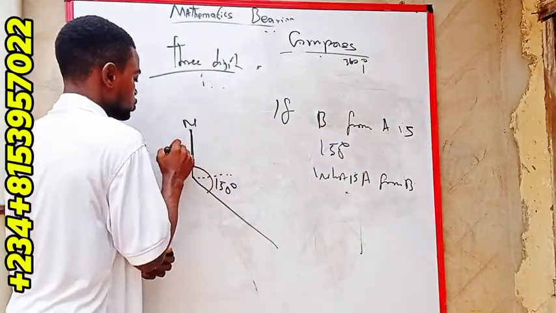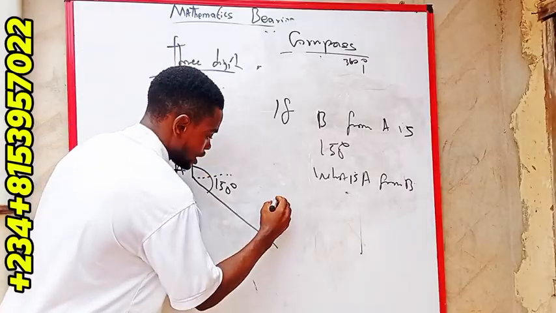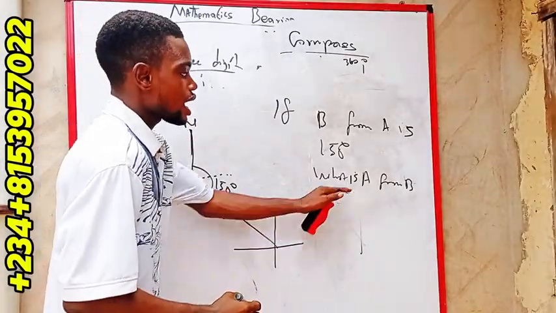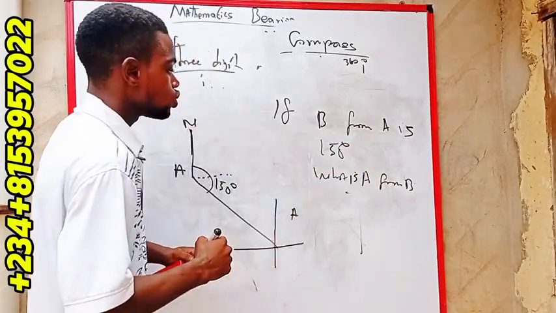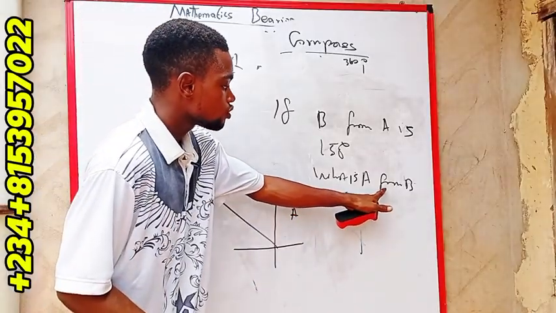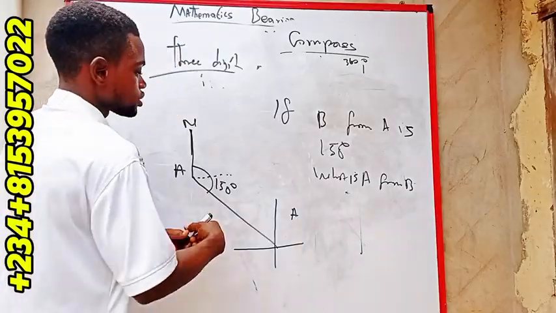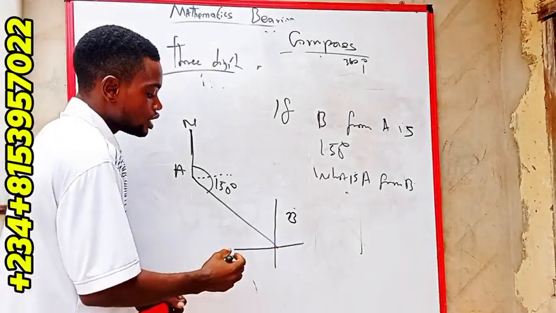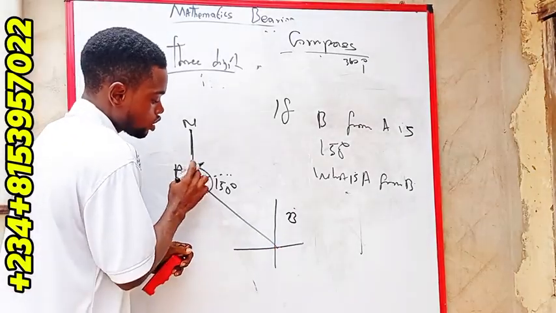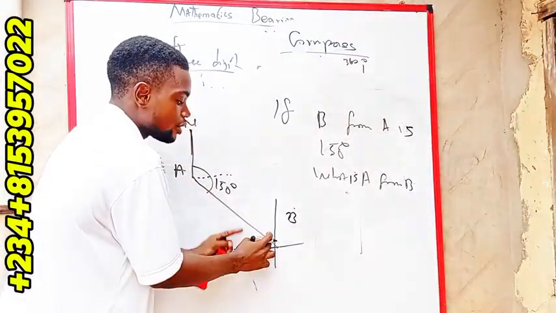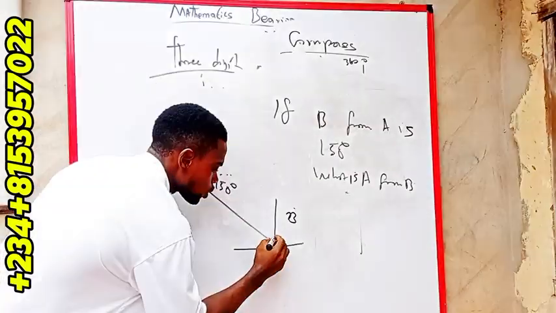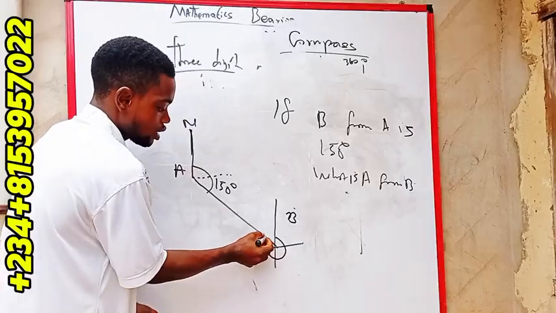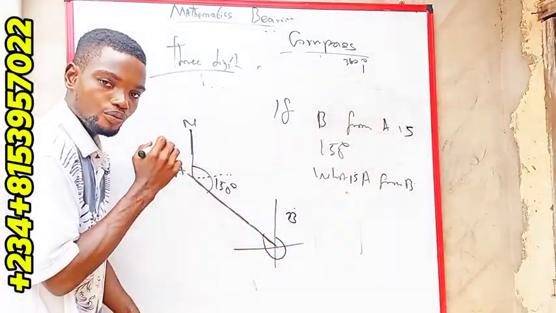So this point is at point A. The person is now at point A. Then I ask you, what is the bearing of A from B? What's the bearing of A from this point B? So it means that the person moves from here, turns at 150 and starts moving straight. The person coming back must turn again. And the person will turn from the North Pole and also follow this line back to where he started from. Are you getting it?